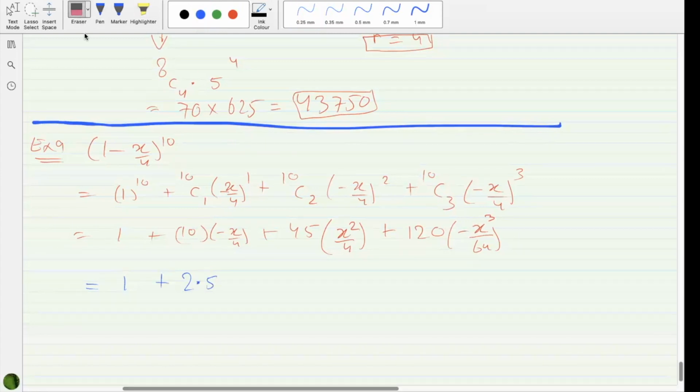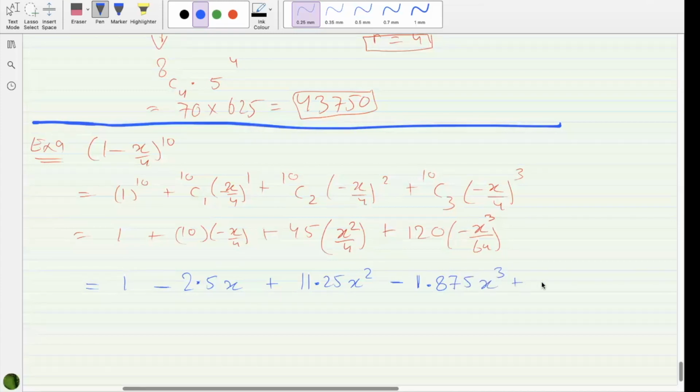This was negative, so minus 2.5x. Then it is positive. 45 divided by 4 is 11.25, 11.25x square. Last is again negative. 120 divided by 64 is 1.875x cube, and so on.